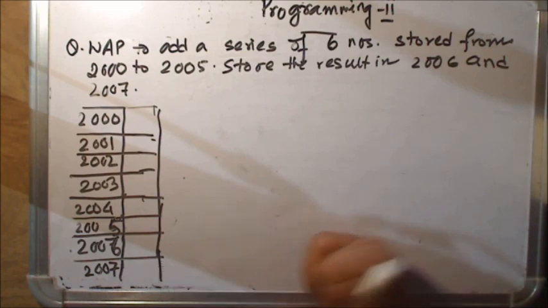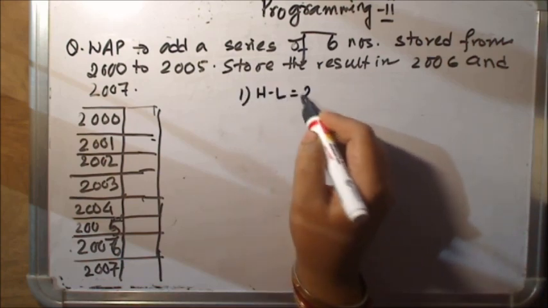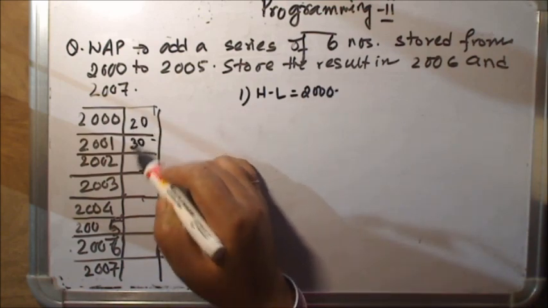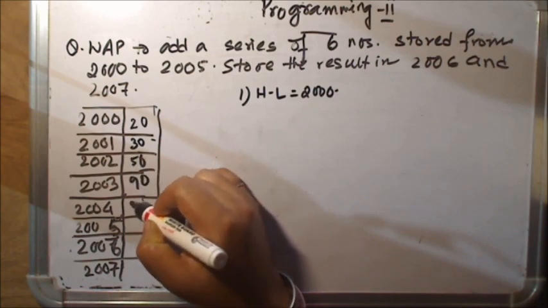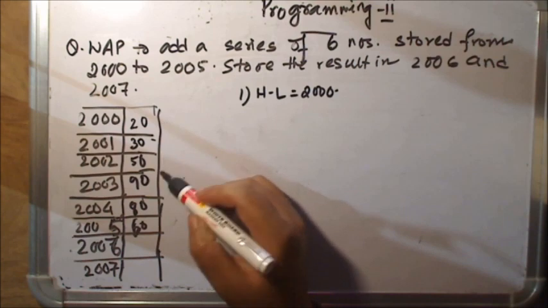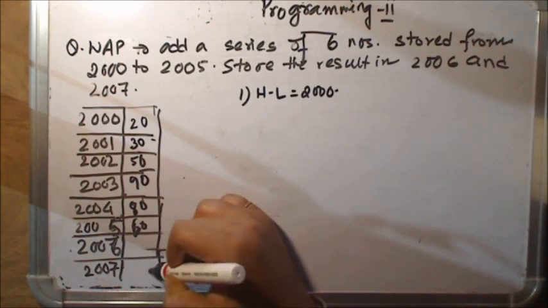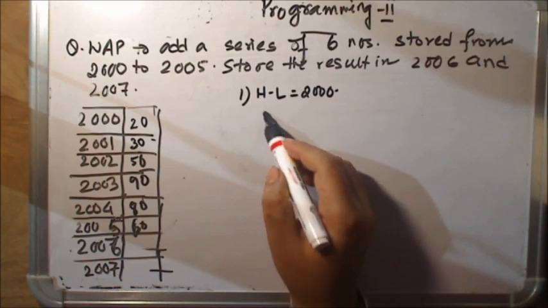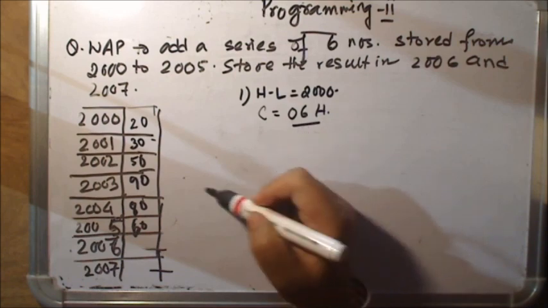So what do we have to do? We initialize the HL pair with 2000. Let us take some random data: 20, 30, 50, then 90, then 80, then 60. These are the 6 data we have to add, and we store the result in 2006 and 2007. So initialize the HL pair with 2000 and initialize the count C with 06H, the number of numbers in the series.